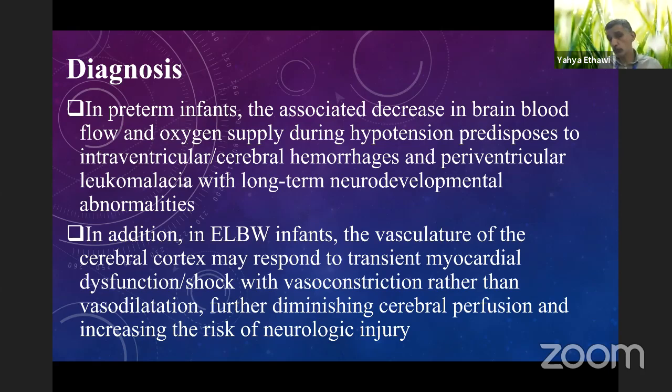Therefore, treating shock before it becomes uncompensated, or as early as possible, has lots of advantages, including preventing hemorrhage and the subsequent periventricular leukomalacia, and improving the neurodevelopmental outcome as measured at 24 months of age.